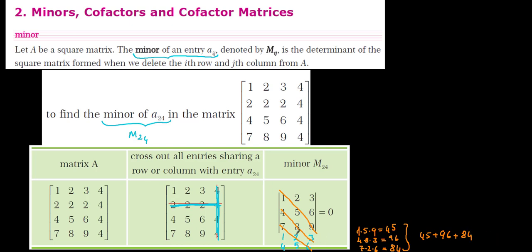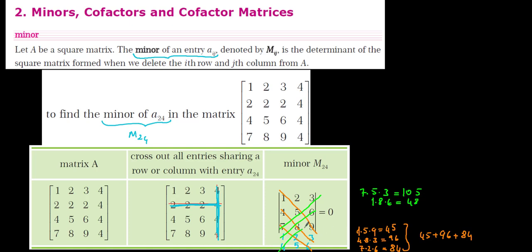And the second part is the minuses. Let me use a different color for that one here. 7 times 5 times 3, which is equal to 7 times 5, 35 times 3, 105. 1 times 8 times 6, which is equal to 48.